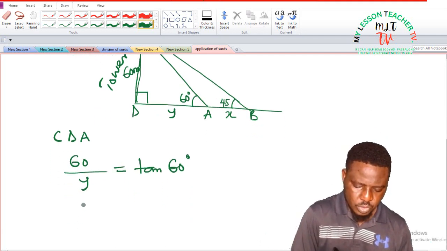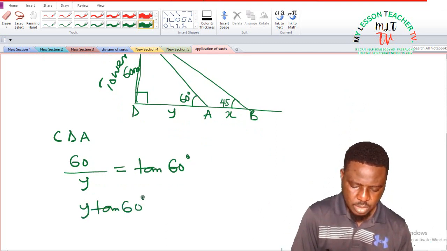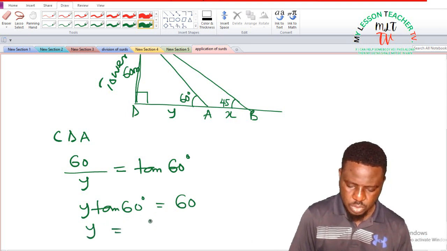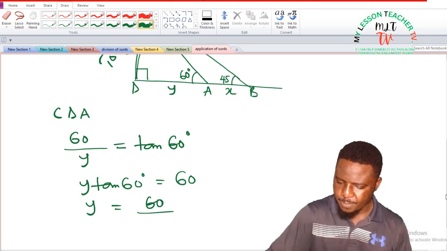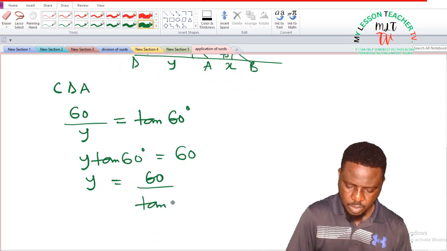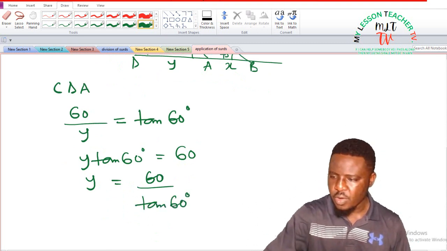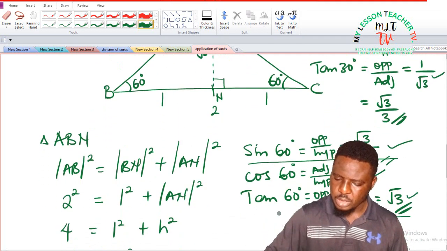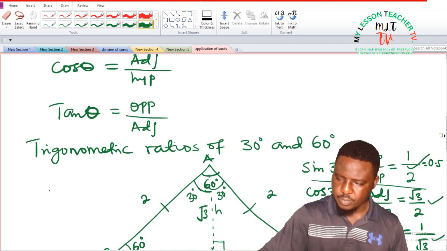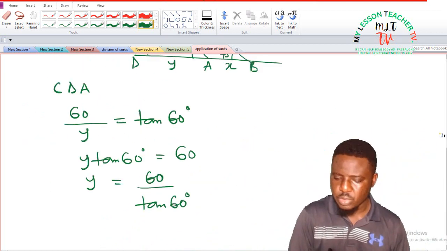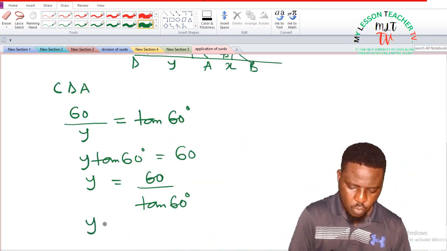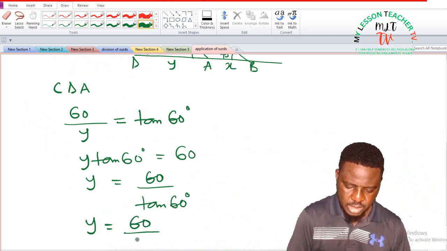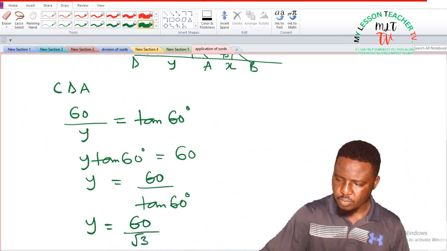I'm going to look for Y, so that Y tan 60 degrees is equal to 60, and Y is equal to 60 divided by tan 60 degrees. For tan 60 degrees, as we have shown, is said to be equal to root 3.